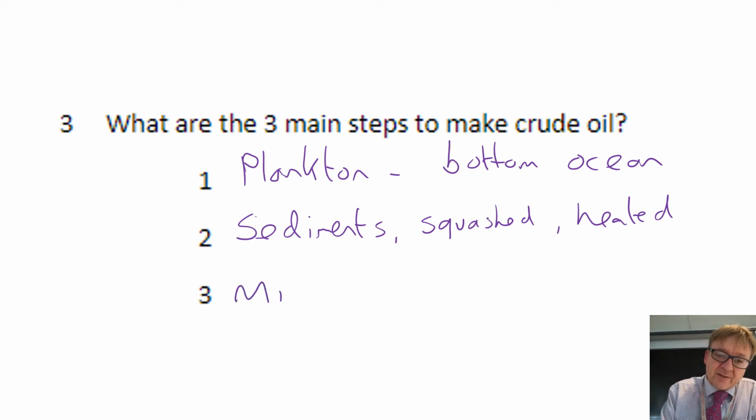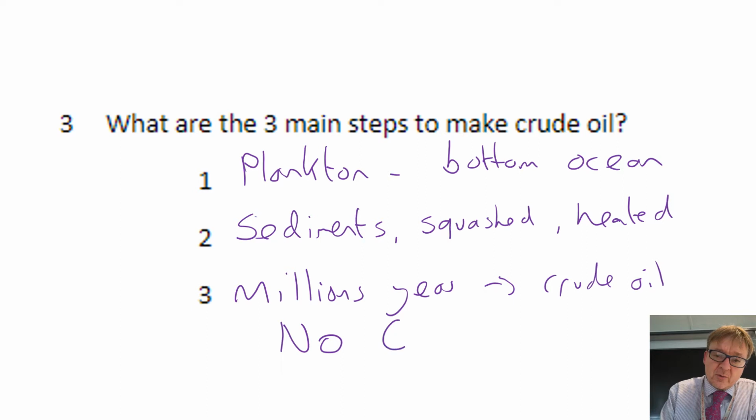Then stage 3 is over millions of years, so it doesn't happen very quickly at all, right? It turns into crude oil, but one key point is there is no oxygen, so they don't have the ability to decay, so there is no oxygen present.